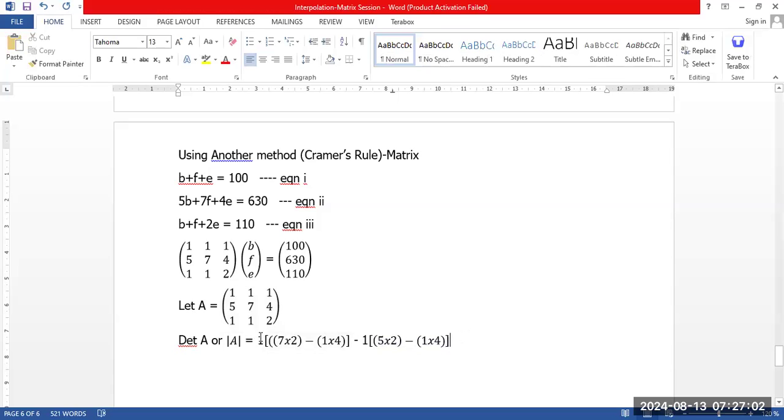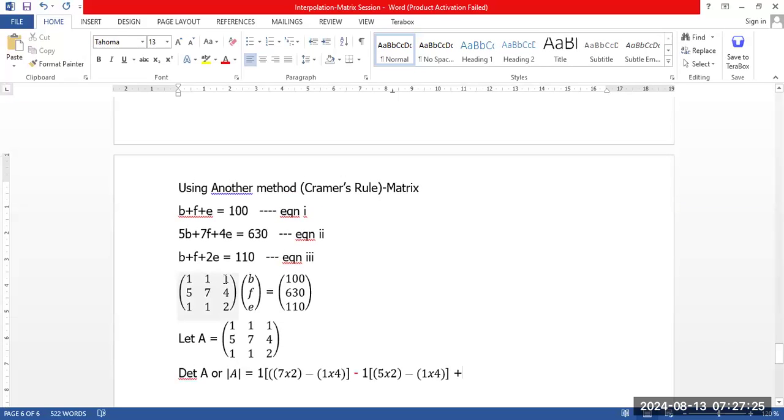We started with a positive, followed by negative. After negative, we are going to plus. That is the trend. Positive, negative, positive. And now we are going to the next figure.